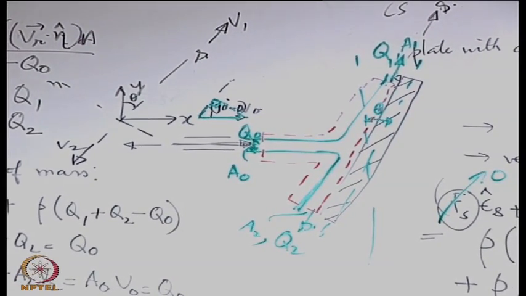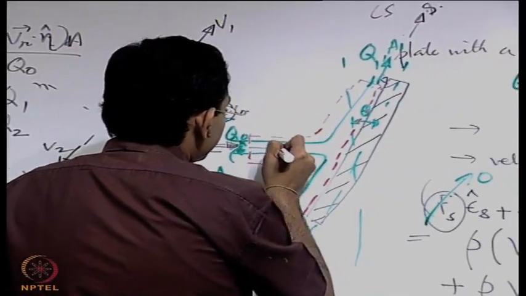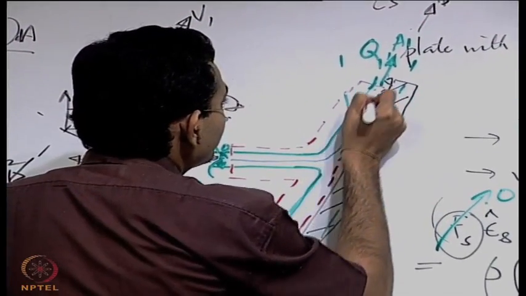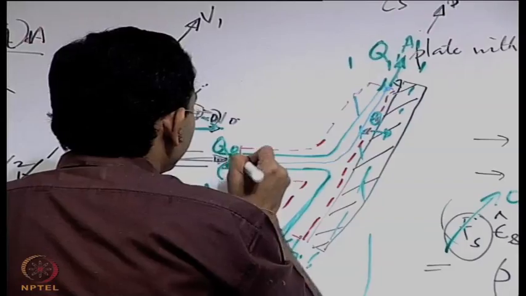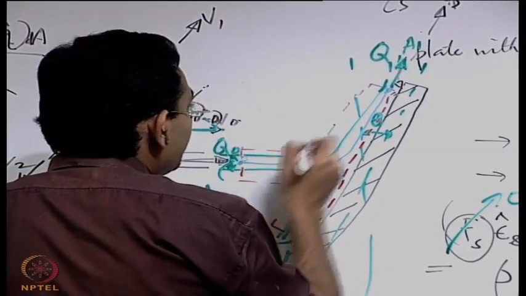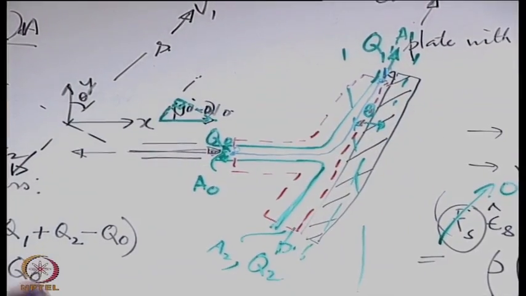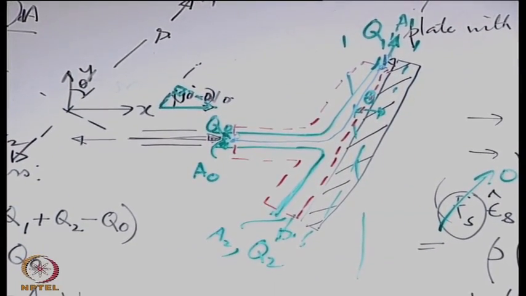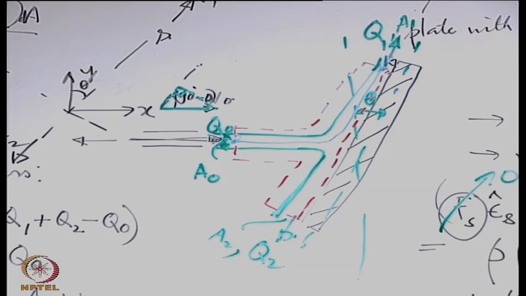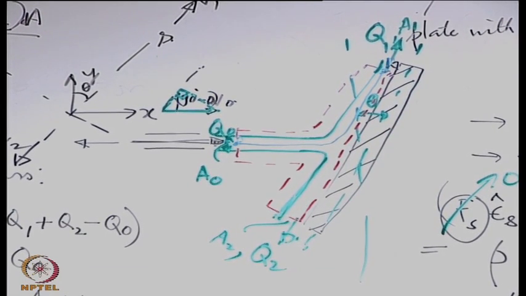Let us consider a streamline that goes from section 0 to section 1. Because it is a uniform velocity, if you take a point 0 here and a point 1 here, these are representatives of the velocities at the entire section 0 and entire section 1, because it is a uniform velocity at each section that we have assumed.